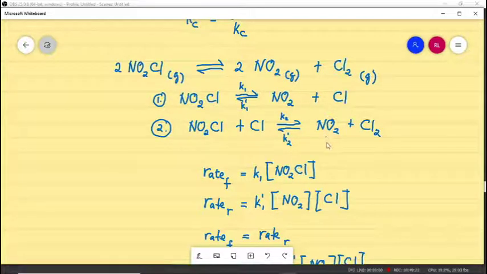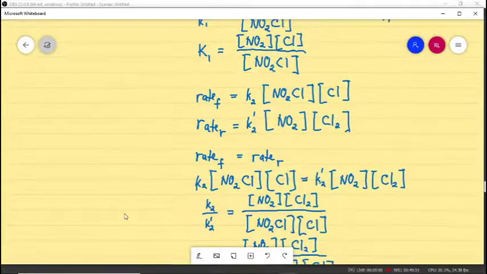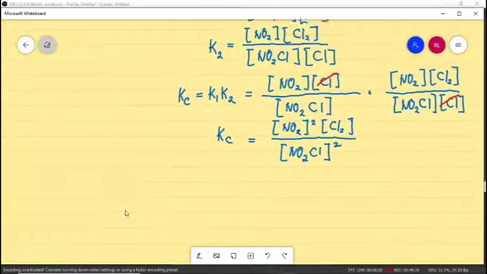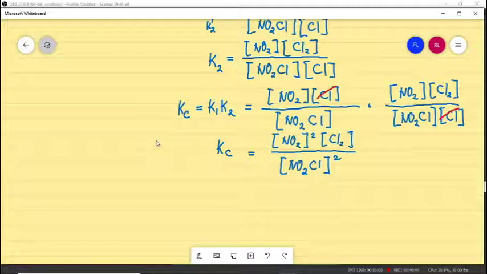Okay. Now, ibig sabihin na tama pala, diba kanina, tama pala na i-multiply natin ang given equilibrium constants for the many steps in order to get the equilibrium constant of the overall reaction. Okay?